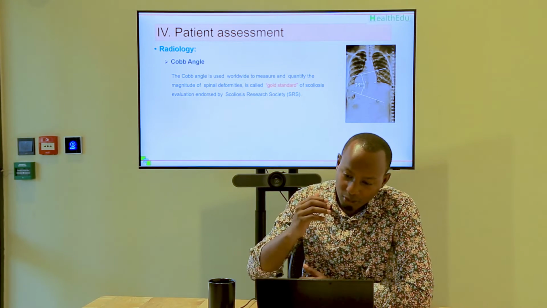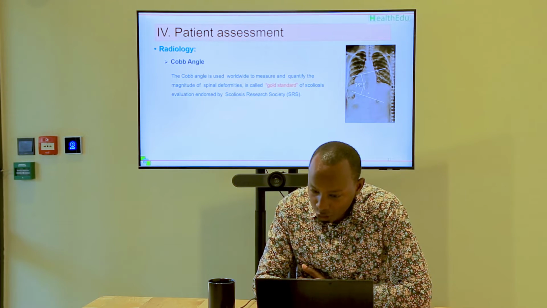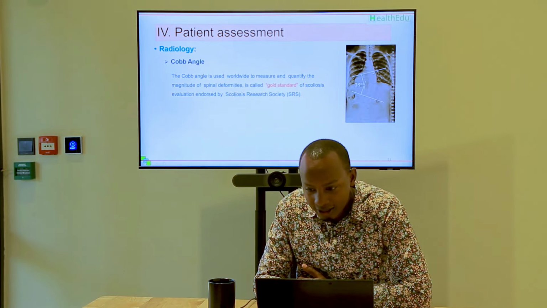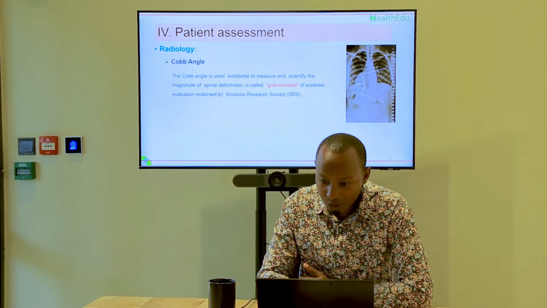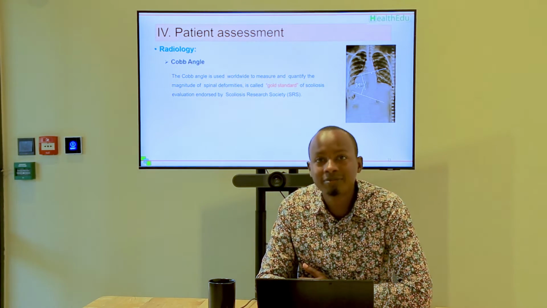And once we have identified it, we have to identify the upper and lower vertebrae, which are the most tilted vertebrae of the curve, and we have to draw straight lines on the superior border.